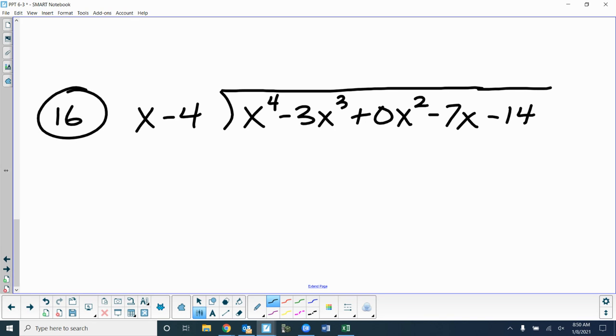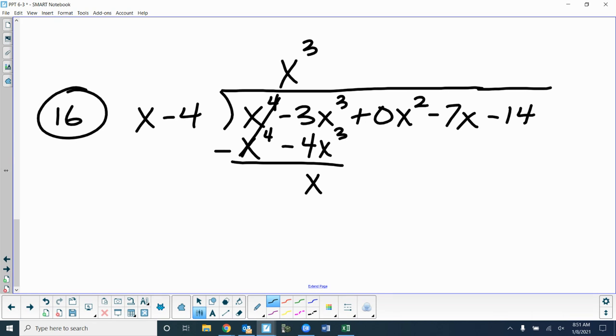Again, now all I'm doing is dividing this monomial here, this first term, by the x. So all that is x cubed. Multiply x cubed times x, and x cubed times negative 4. Subtract. Those will cancel. Minus a negative again. So that's negative 3 plus 4, which is a positive 1. Bring down the next term.